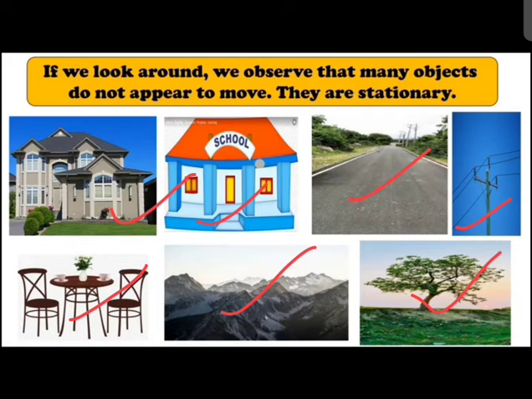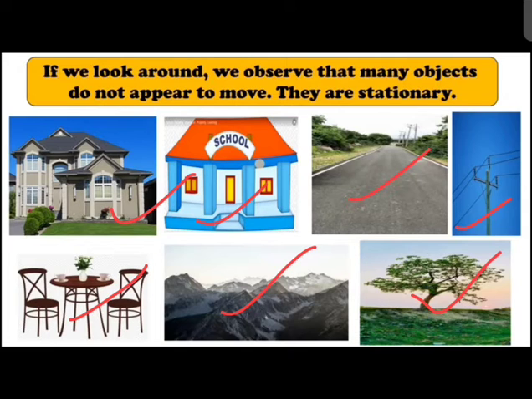So the objects which never appear to move are known as stationary objects. So we have so many stationary objects like our window, our door, blackboard. Those objects which do not move are known as stationary objects.